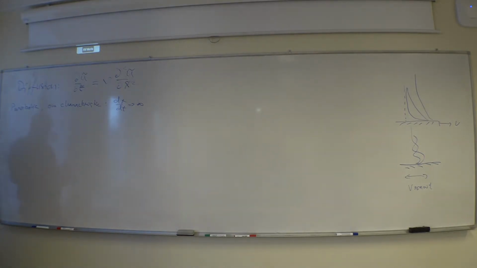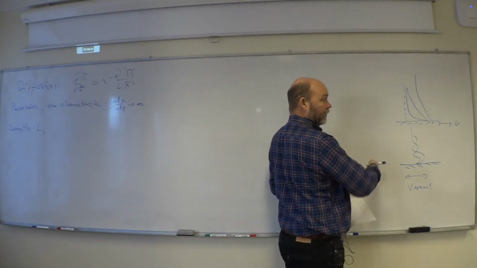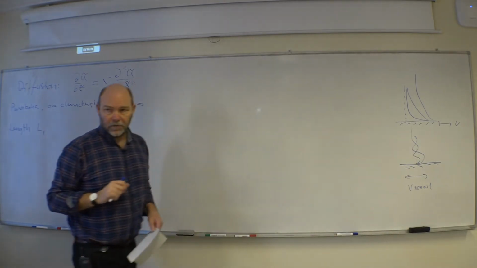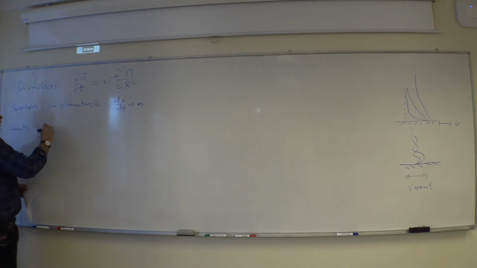And then write it in a dimensionless form. We need a length, L. Of course, for these problems, you have trouble finding a length scale. You have one wall which is infinitely long, so that can be a little bit of a trick. It's not our problem, so never mind.